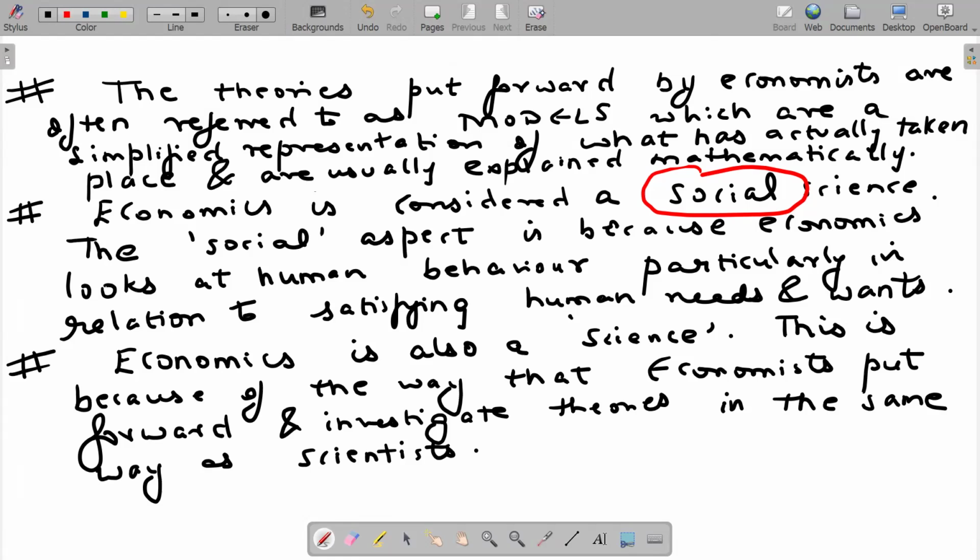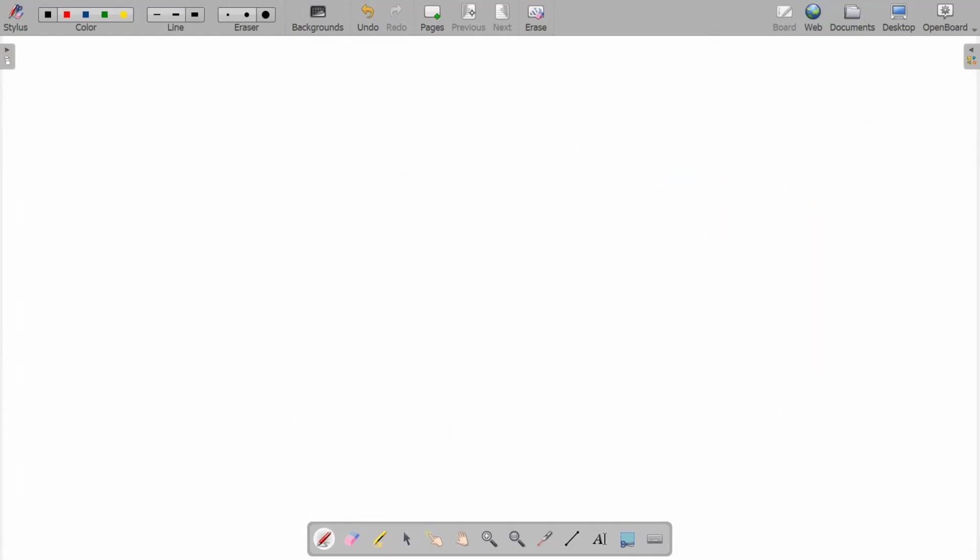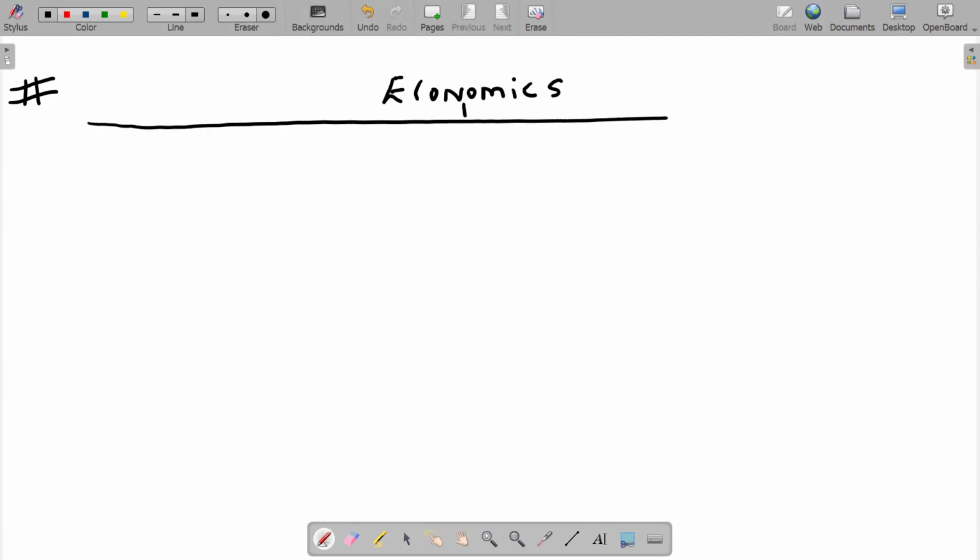So if I erase all this, I can draw a flow chart where we have economics classified into micro and macroeconomics.